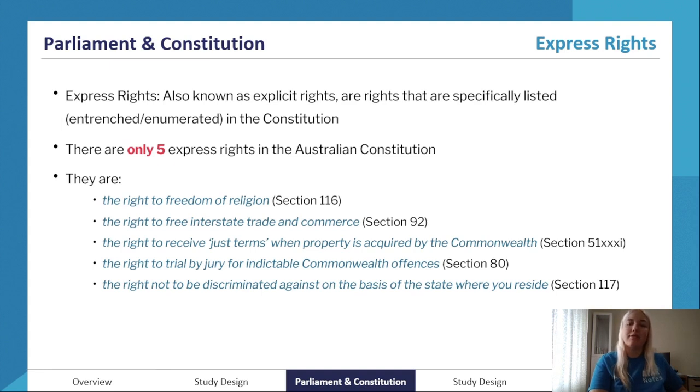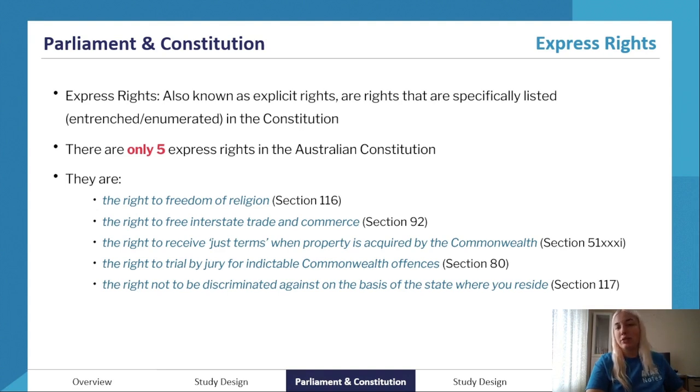They're all the rights for people of Australia that are specifically listed, or better terms that you could use are entrenched or enumerated in the Constitution. So just making sure you're using accurate and strong terminology. Don't use listed. Preferably, you would be using the word entrenched or enshrined in the Constitution. They're specifically mentioned in the Constitution.